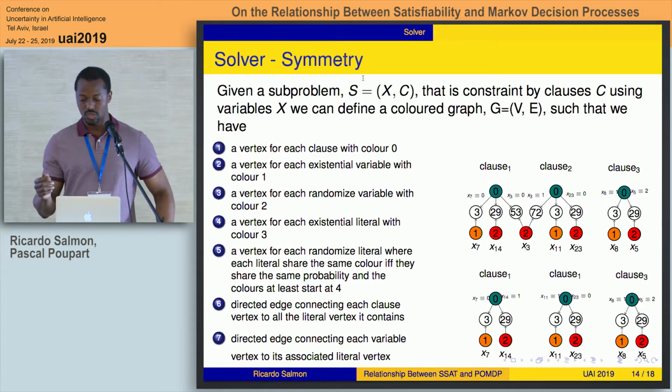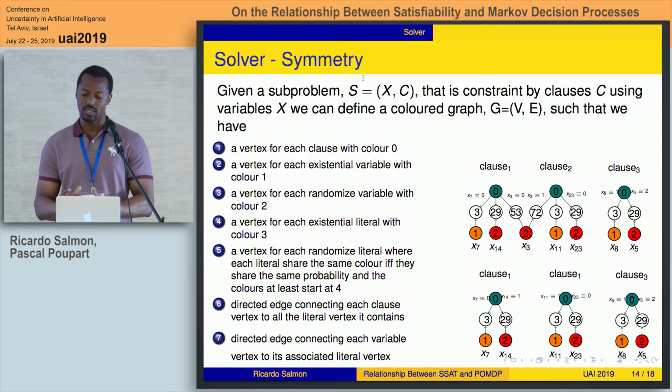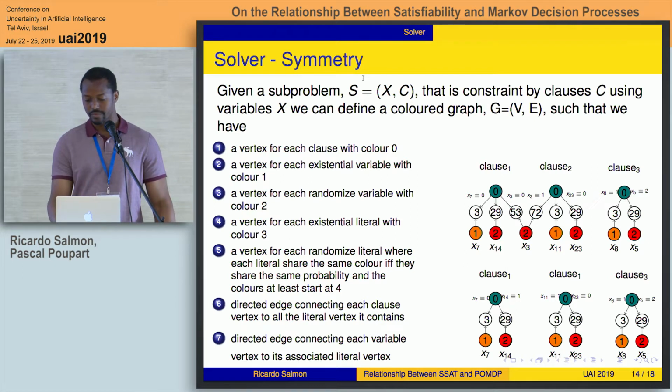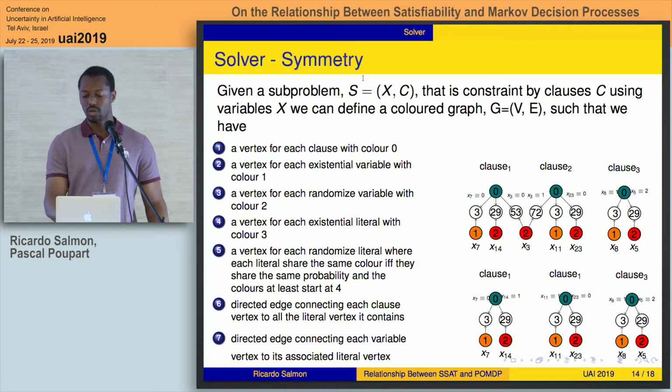So one idea is to use graph isomorphism. If we can encode each component into a graph and use the canonical representation of that component as the primary representation in the solver, then whenever we see this component again, it will be mapped to the same representation. So in the previous example, this is encoded in the top right graph as two components.